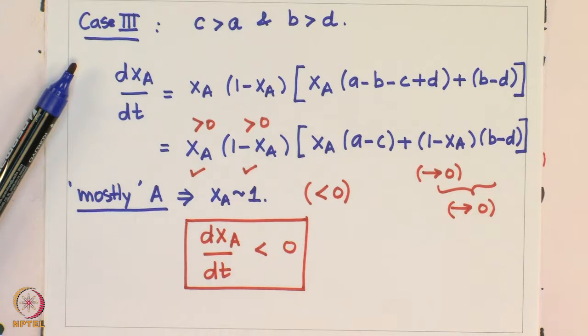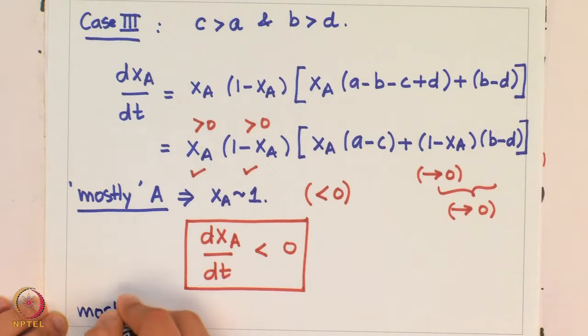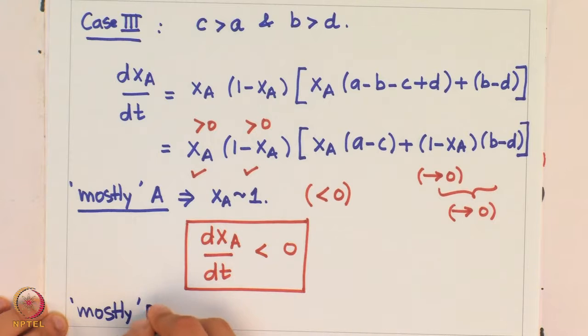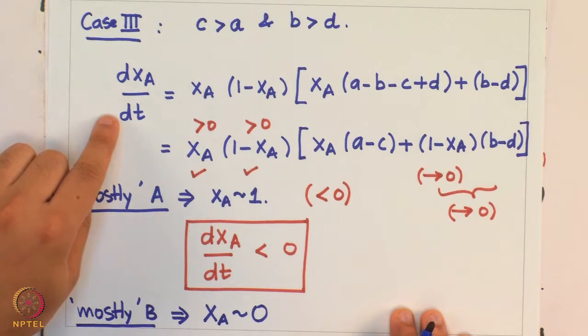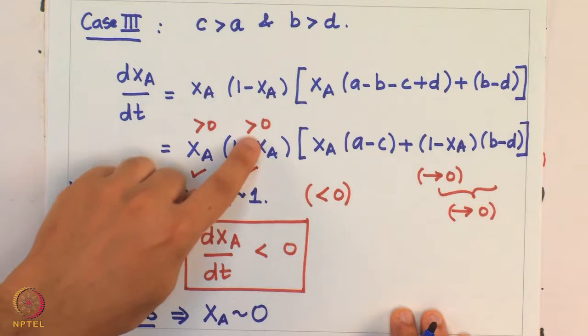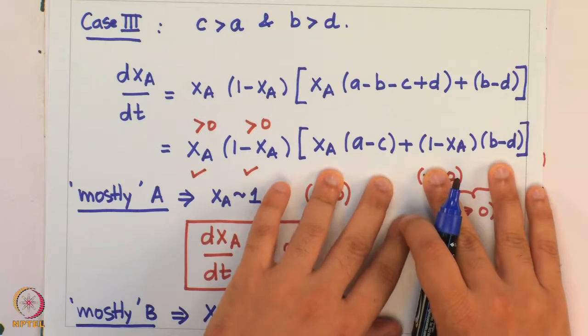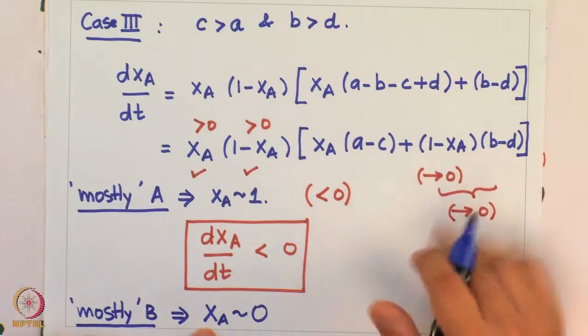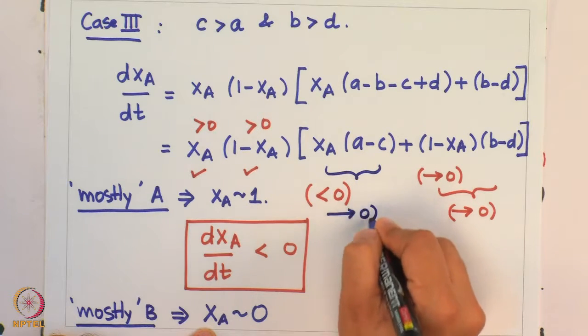On the other hand, if the system is present in a state where it is mostly B, what that implies is that x A approaches 0 and x B in turn approaches 1. In that case, what happens to this expression? x A would still be greater than 0, 1 minus x A would still be greater than 0, but of the two contributions coming from this term, x A, which is approaching 0, can now be ignored because it is almost 0.